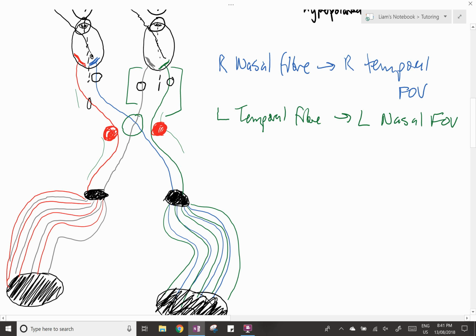So if for some reason we were to get a rupture or some kind of swelling, vasodilation in these vessels, you'd get compression of the optic chiasm. Sitting inferior to the optic chiasm as well, right in the middle here, is our pituitary gland. So if we have an adenocarcinoma of the pituitary gland, there is a potential for it to put pressure on the optic chiasm as well. We'll come back to those a bit later.